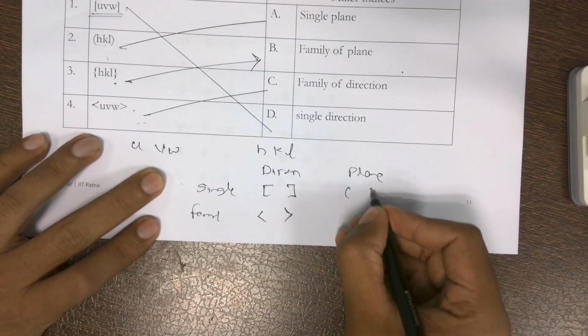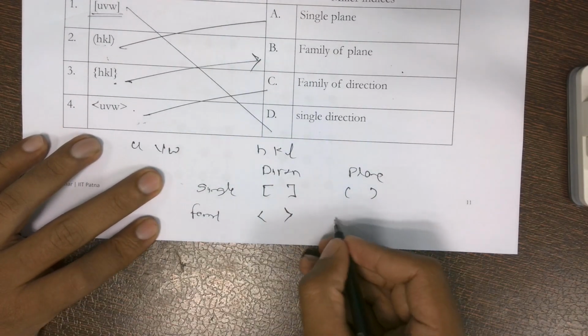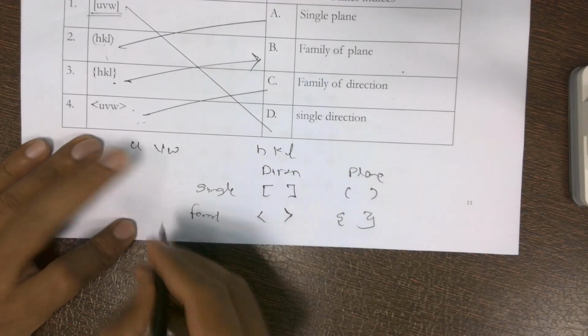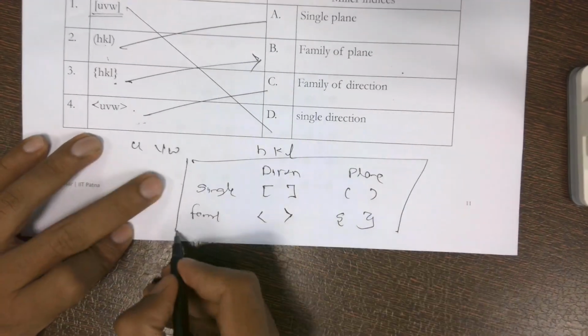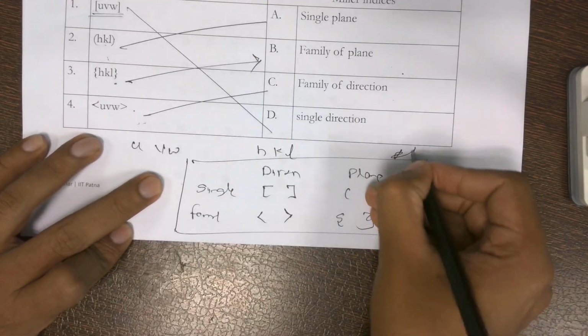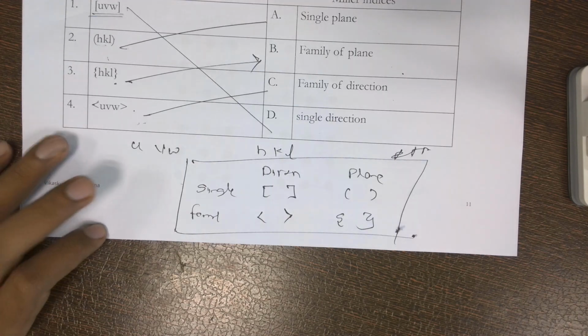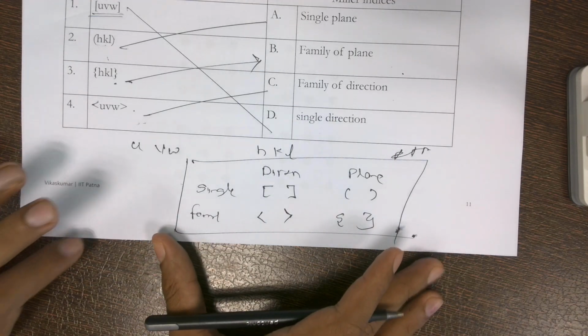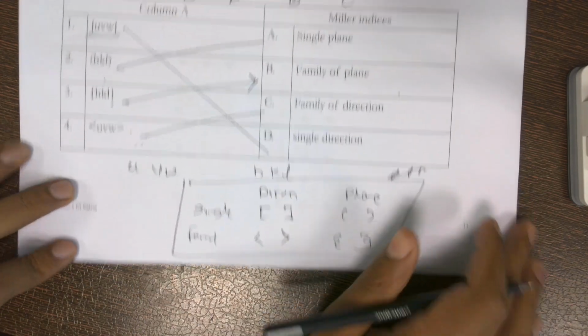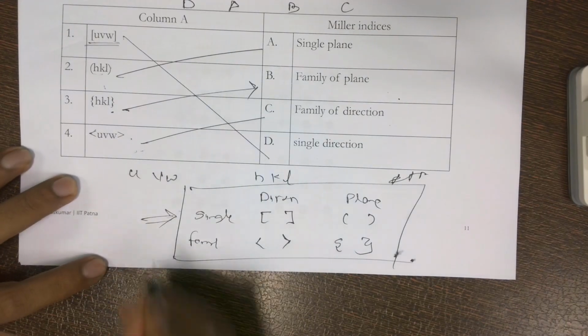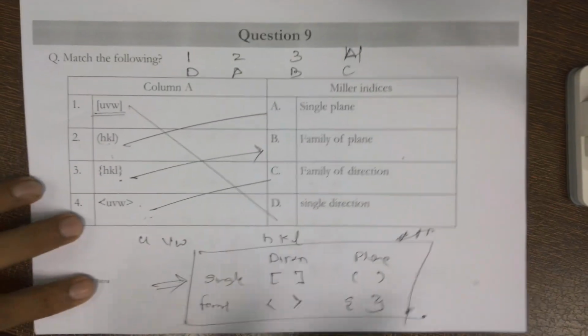A single plane will have this bracket, and a family of planes will have this bracket. Very important. Must remember. Any crystallographer, any metallurgist working in this particular symmetry, trying to understand, should always remember this. With that, we have solved question number 9.